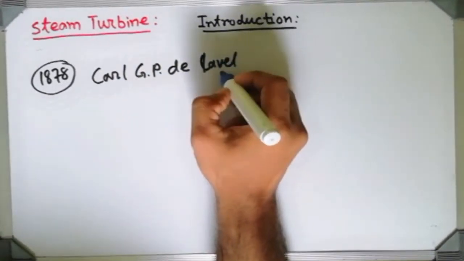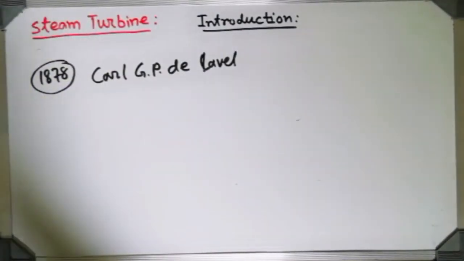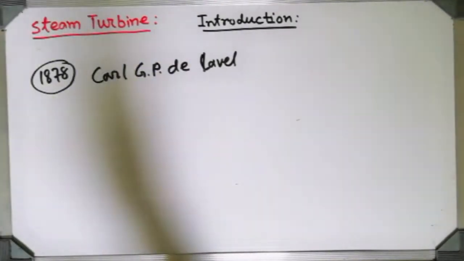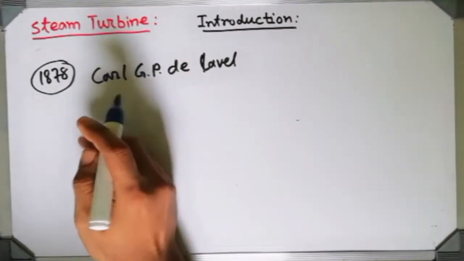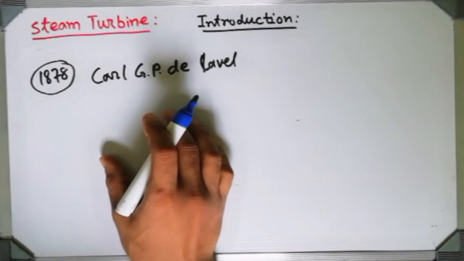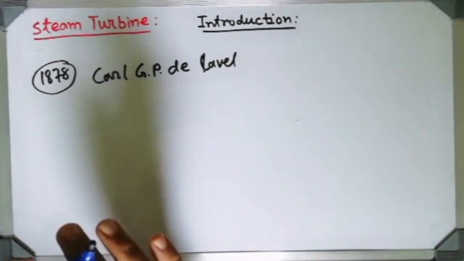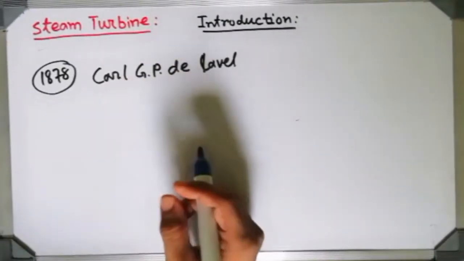That is the name of the person who invented it in 1878. He was a Swedish engineer, not a scientist. He developed a simple impulse turbine. And actually he developed the turbine using a convergent divergent supersonic nozzle. What is this? That I will discuss later.